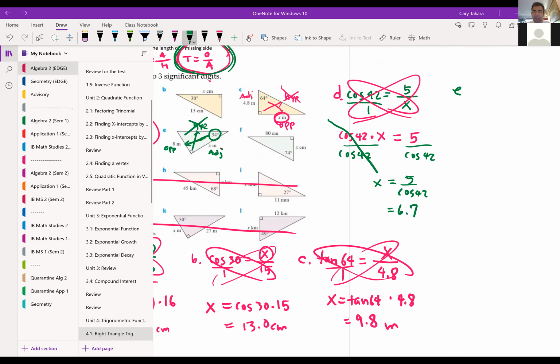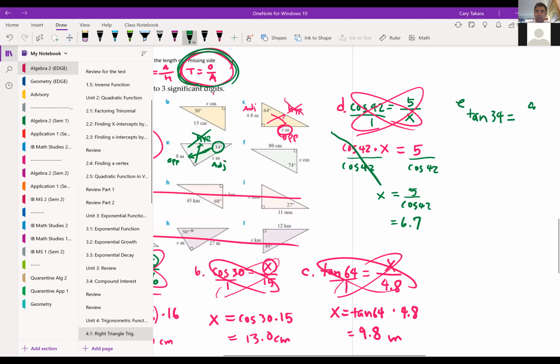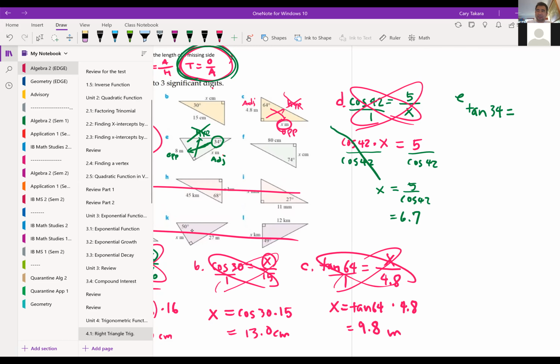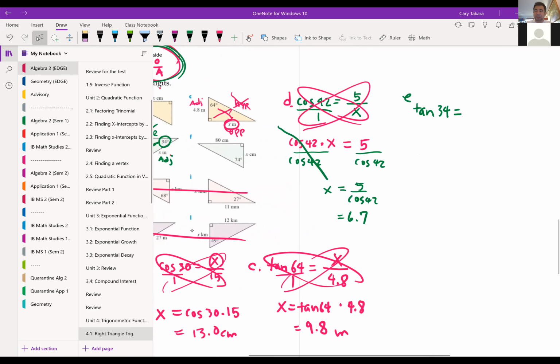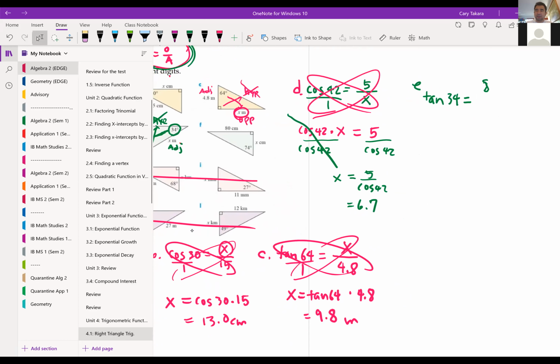So this will be tangent of 34 equals opposite over adjacent, 8 over x.